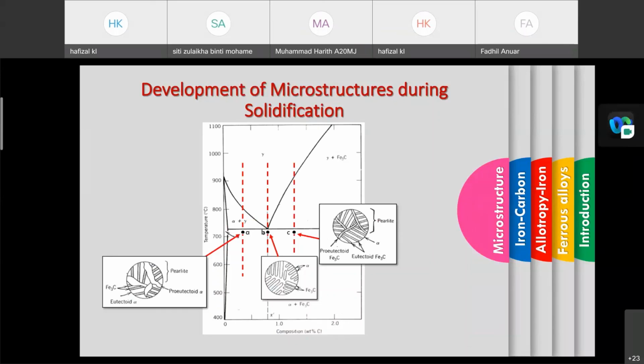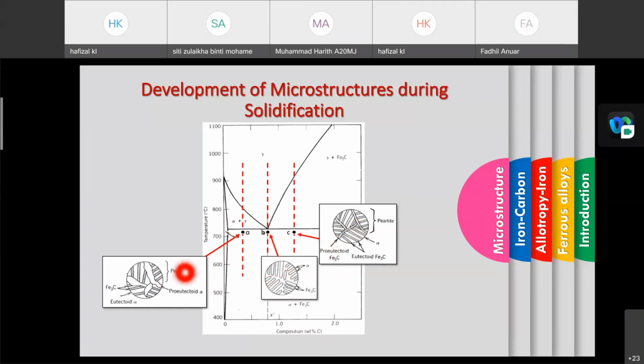So if you look at this line of 723 degrees Celsius, a little bit below the eutectoid line here, you can see at these points A, B, and C, which indicate the lamella, a transformation takes place when we increase the carbon content up to 6.67%.